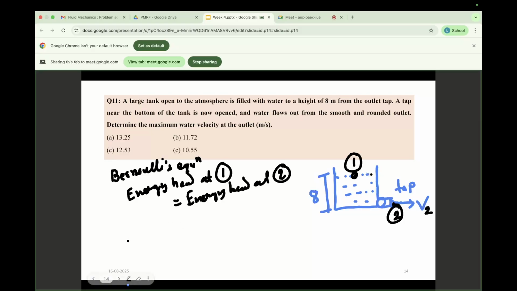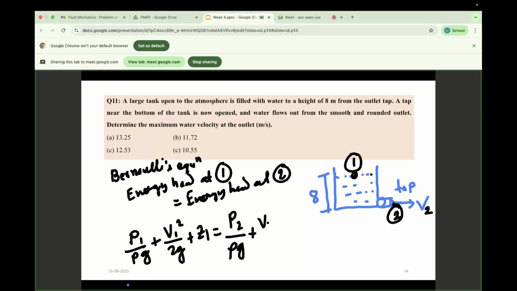So the energy head at 1, I can write P1 by rho g plus V1 square by 2g plus Z1, equal to P2 by rho g plus V2 square by 2g plus Z2. This is the equation. So up to this it is okay.